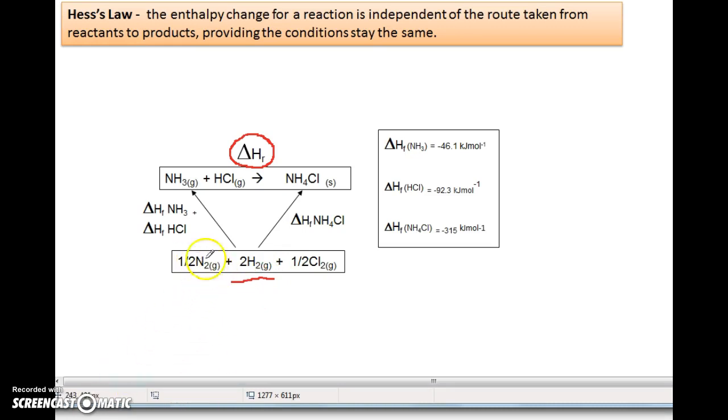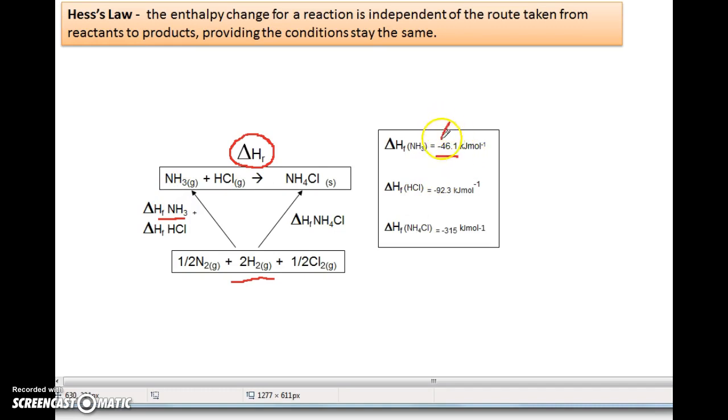So, we're given some data over on the right hand side here. We have a value for delta H formation of ammonia, which is minus 46.1 kilojoules per mole. That means that to get from the elements, nitrogen and hydrogen, to ammonia would give out 46.1 kilojoules per mole.